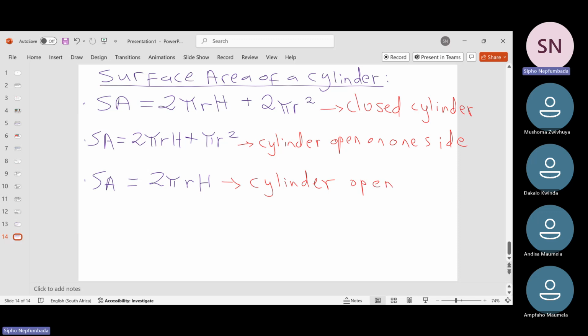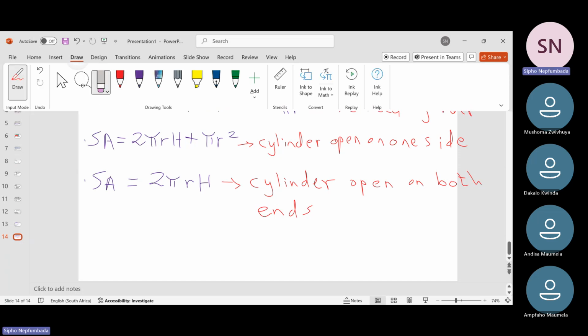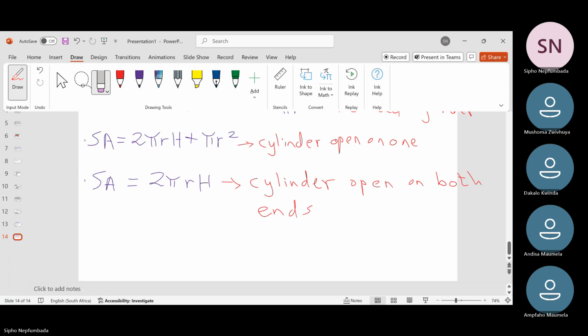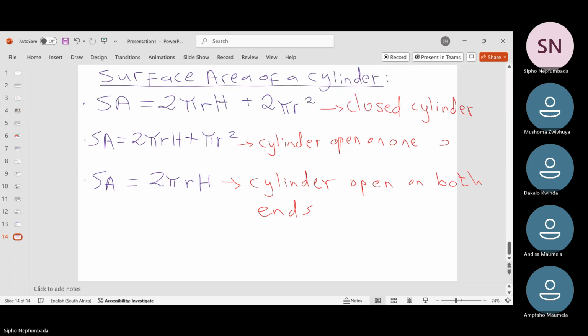This is open on both ends. Let's use ends, because sides won't work for us. So those are the formulas.